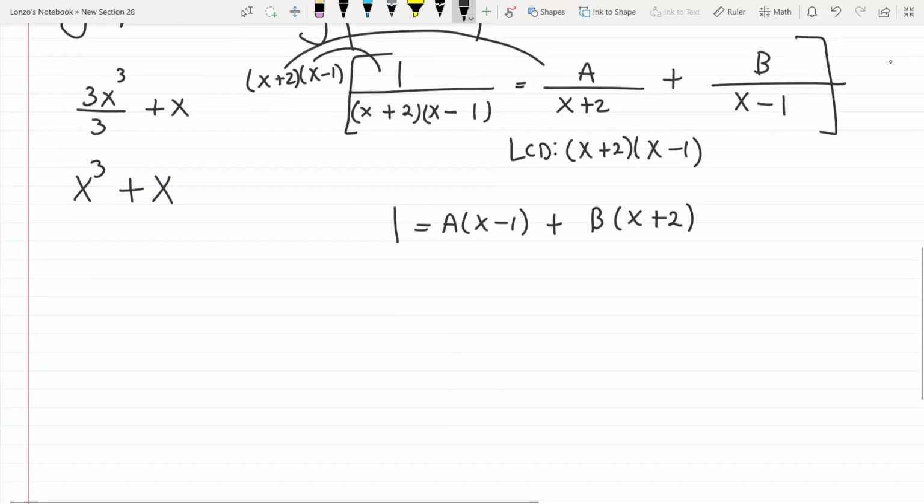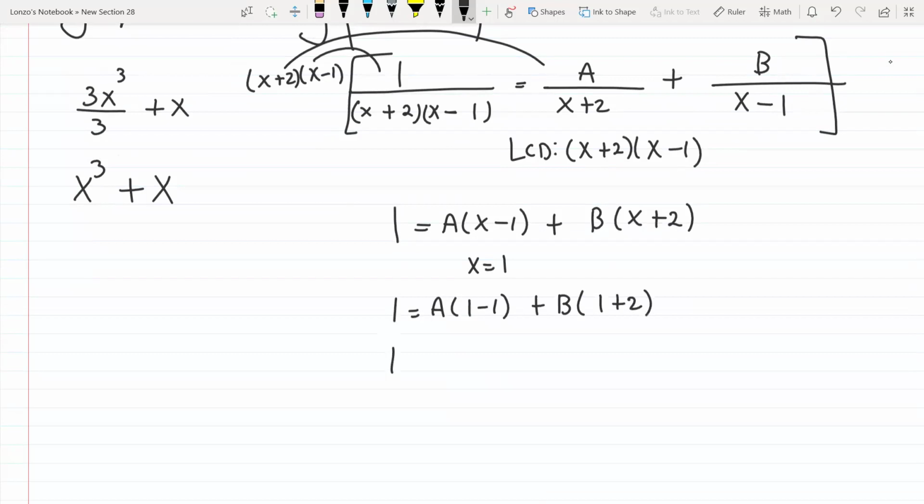Okay. So I've got to solve for A and B, but this time I'm not going to FOIL it out. Instead, I'm going to plug in an x value. Let's try positive 1. So it's 1 equals A times 1 minus 1, plus B times 1 plus 2. 1 minus 1 is 0. 1 plus 2 is 3.